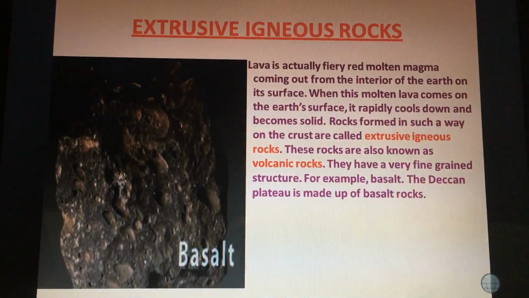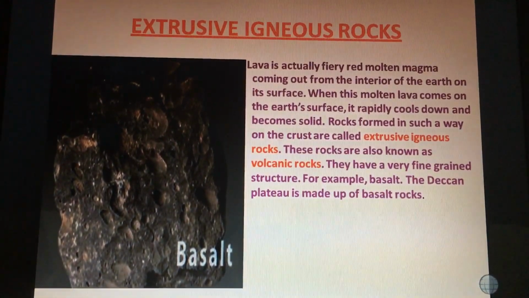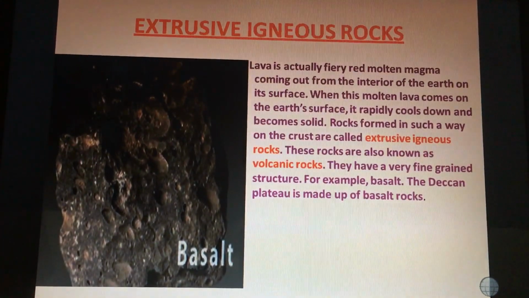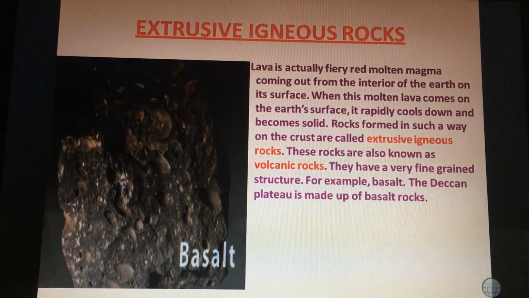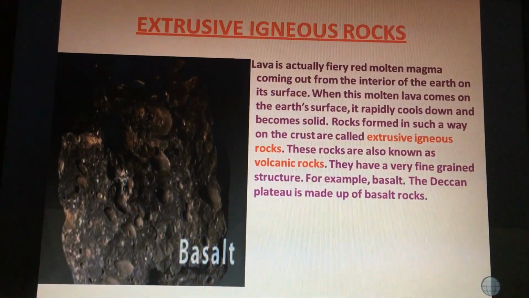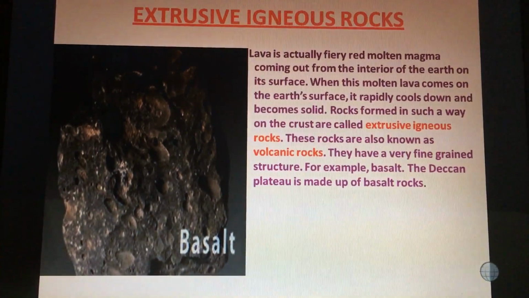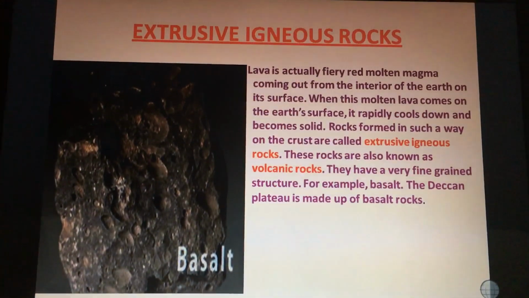Rocks formed in such a way on the crust are called extrusive igneous rocks. These rocks are also known as volcanic rocks. So these can be classified as extrusive igneous rocks and volcanic rocks. They have a very fine grained structure. For example, basalt. The Deccan Plateau is made up of basalt rocks.